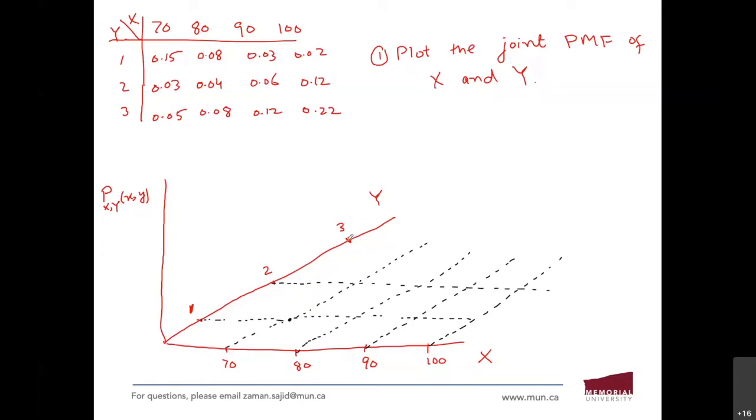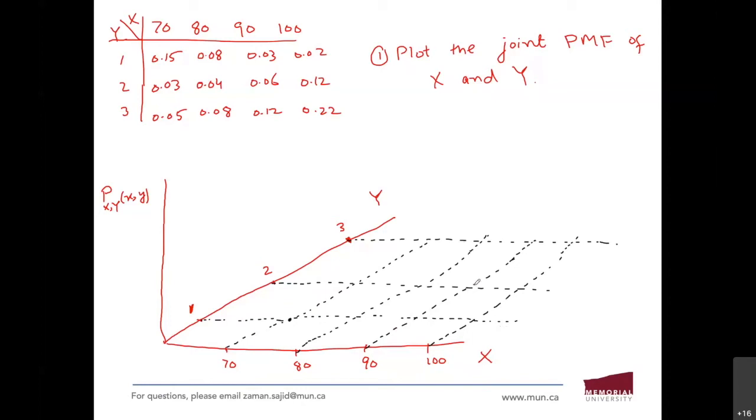Similarly, for y is equal to 3, we have this straight line here. If you understand how I draw this, then you should be able to draw the whole graph very easily.